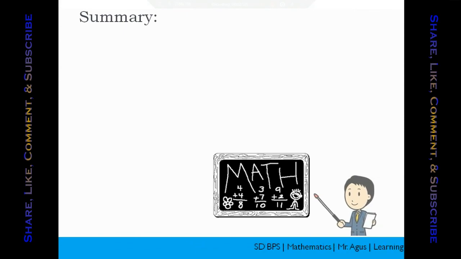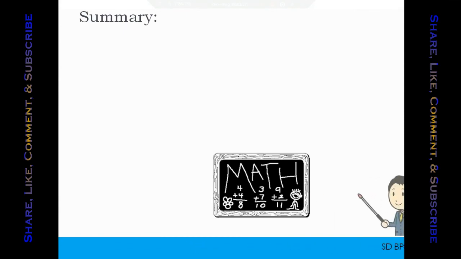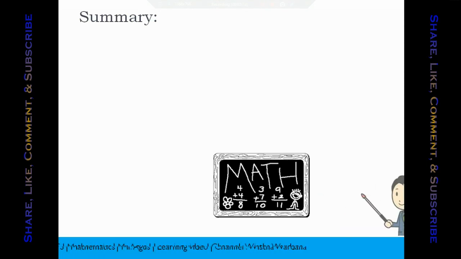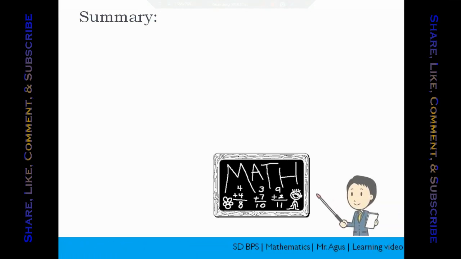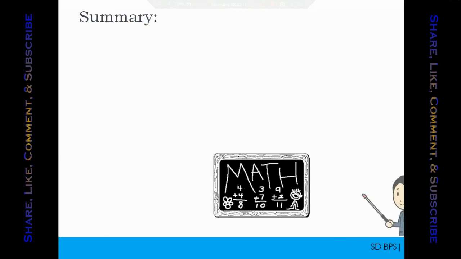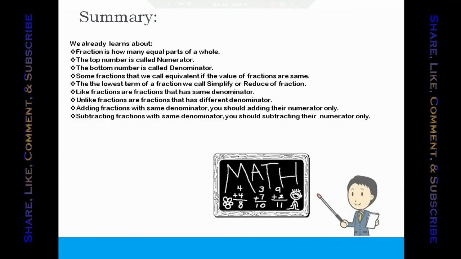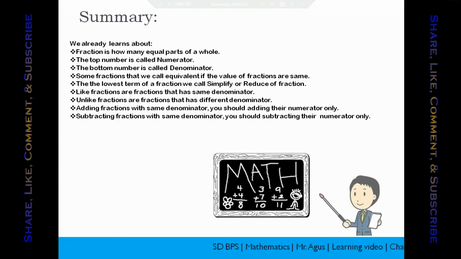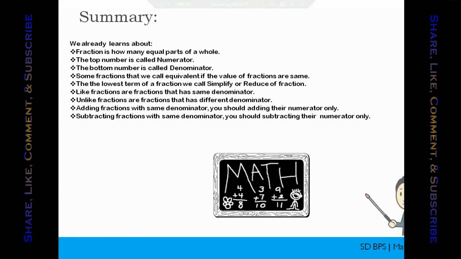Okay, we have arrived at the end of the explanation. So we will make a summary based on the topic that we learned in this video. We already learned that a fraction is how many equal parts of a whole. The top number is called numerator. The bottom number is called denominator.